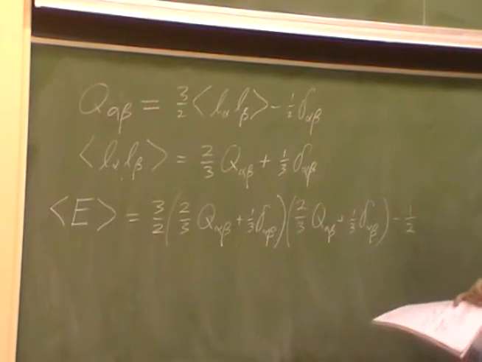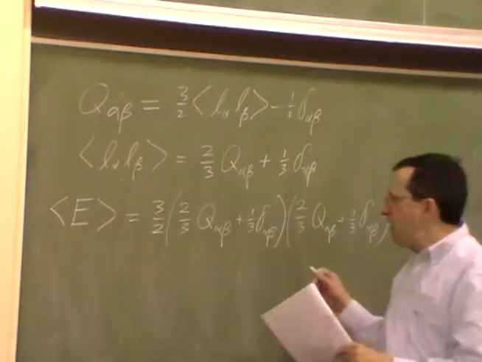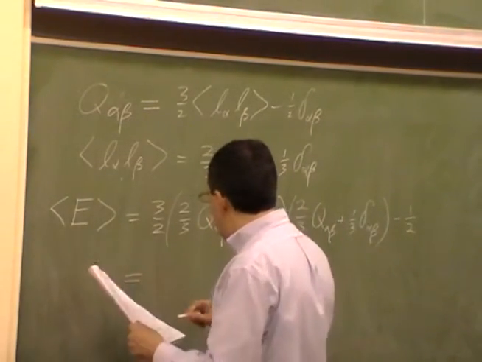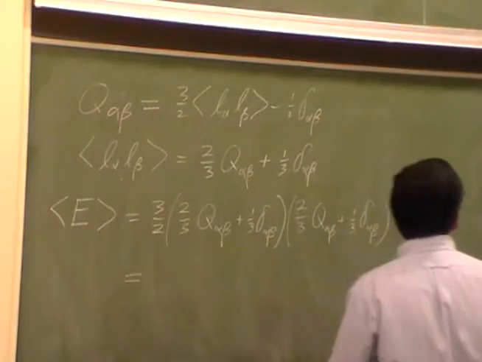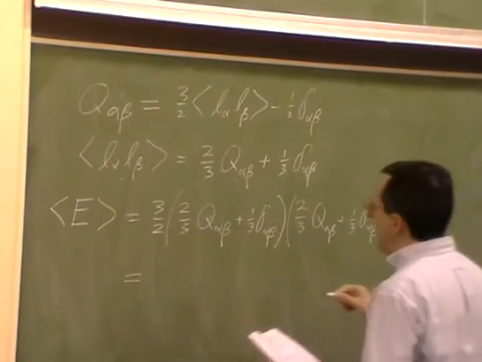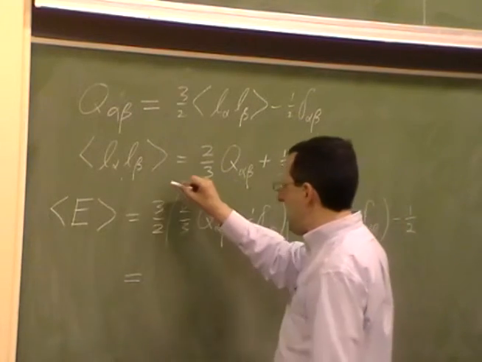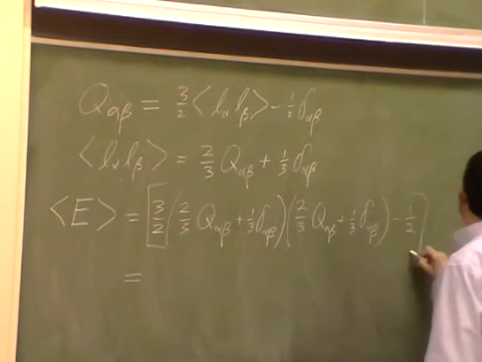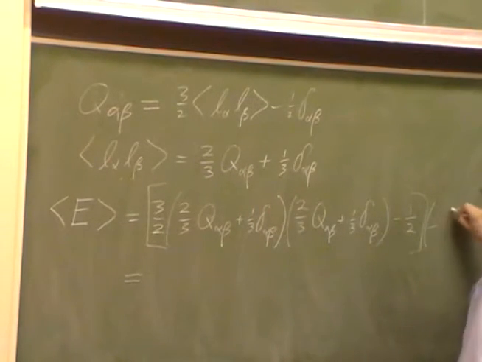So this is a little bit of tensor manipulation, but I'll skip to the bottom line here. Oh, and I forgot this other thing in the front, this whole thing times minus J and Q over 2, right?